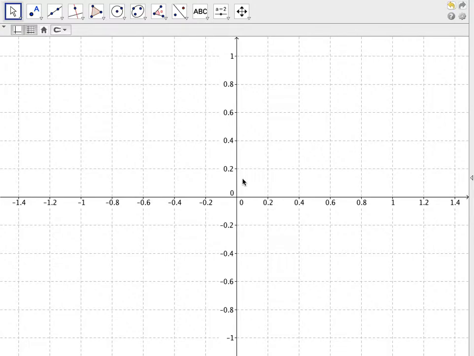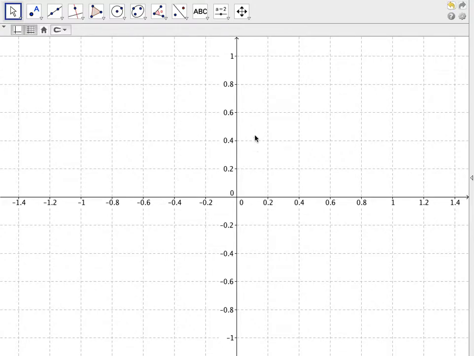If you're thinking about them that way, the smallest that angle can be is a little bit bigger than 0 degrees, and the biggest it can be is a little bit smaller than 90 degrees. Today we're going to be showing how to extend that to all values of angles.